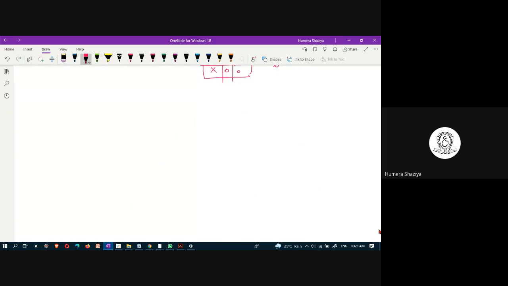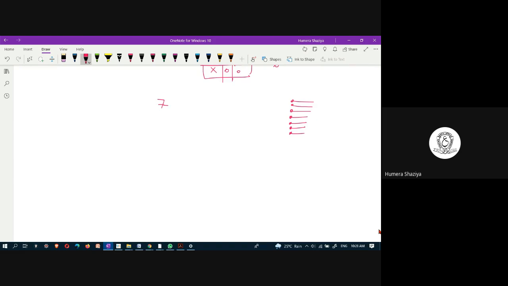Consider the NIM game. There are 7 matchsticks. So we have a pile of 7 matchsticks. What is the rule here?